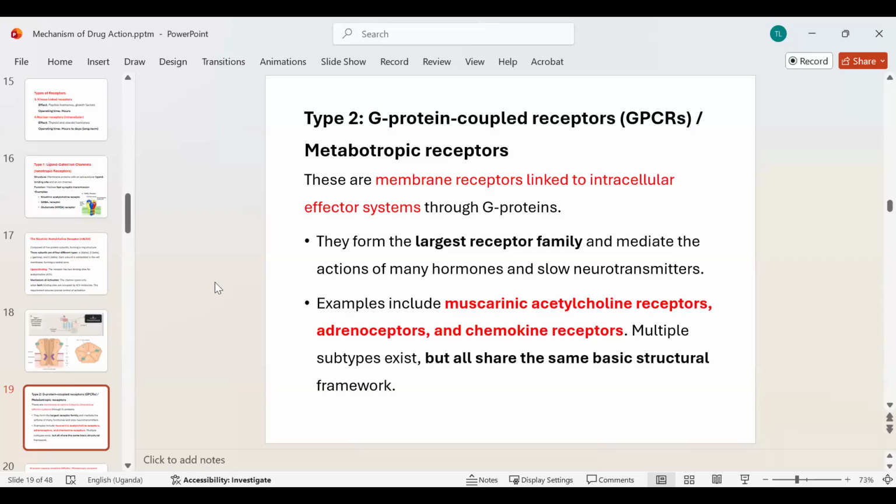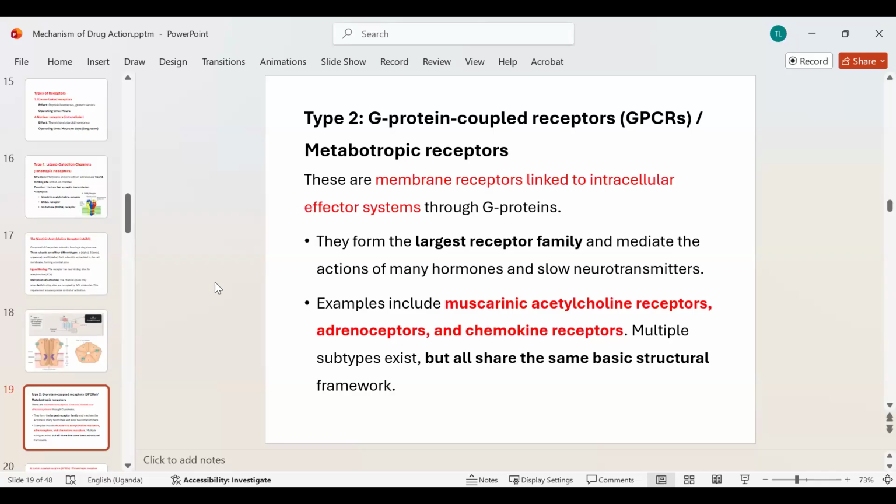They form the largest family and mediate the actions of many hormones and neurotransmitters. Some examples of these types of receptors are the muscarinic acetylcholine receptors, adrenoceptors, chemokines, and others.